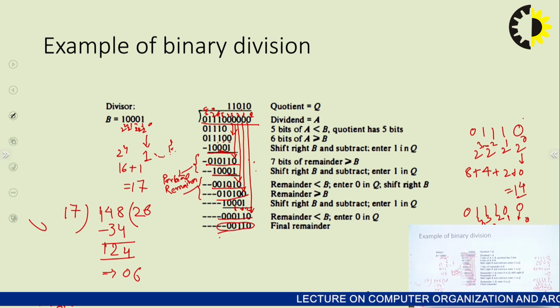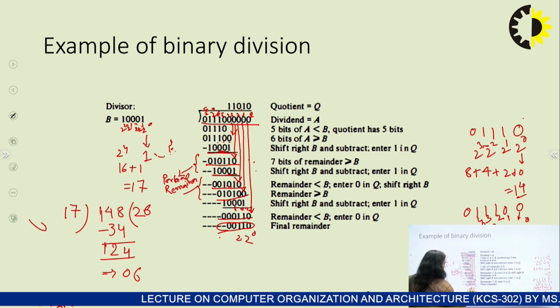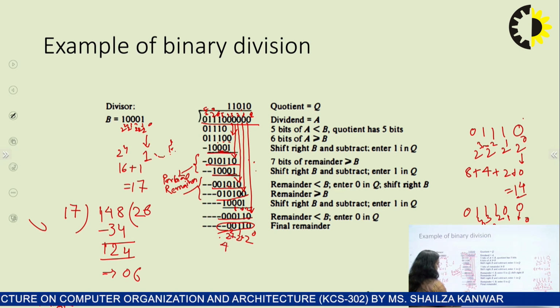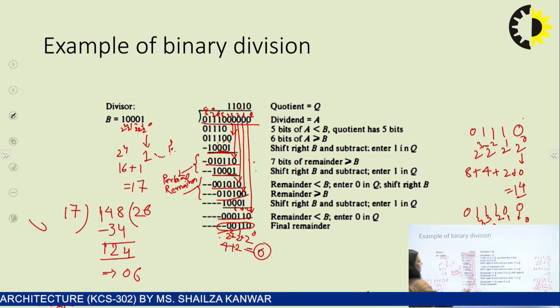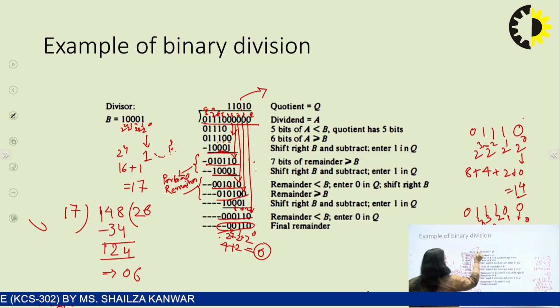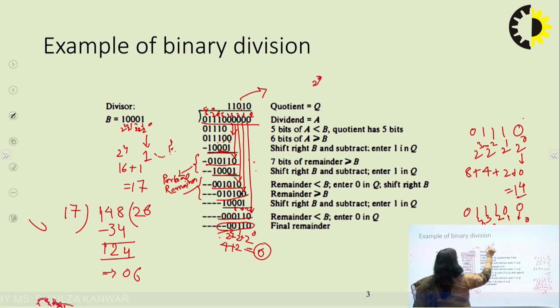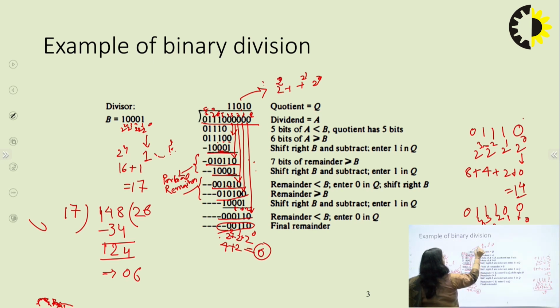Now, what is the value of this final remainder? It is 2 raised to power 0, plus 2 raised to power 1, plus 2 raised to power 2. So, it is 4 plus 2, which is 6. So, this is the final remainder. And the quotient is 2 raised to power 0 plus 2 raised to power 1 plus 2 raised to power 2 plus 2 raised to power 3 plus 2 raised to power 4.